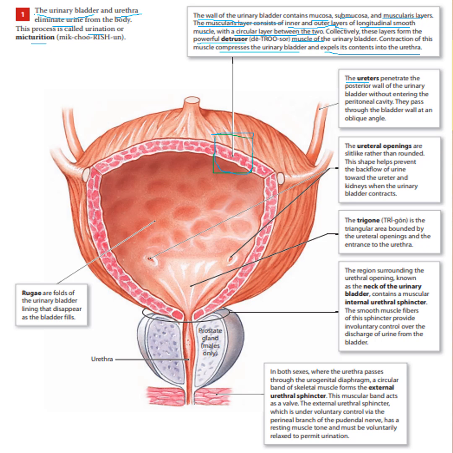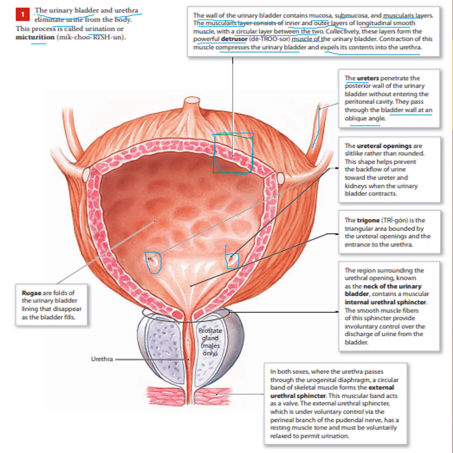Ureter. This is the ureter. The ureter penetrates the posterior wall of the urinary bladder without entering the peritoneal cavity. They pass through the bladder wall at an oblique angle, which helps to prevent the backflow of the urine. Now, these are the ureteral openings.